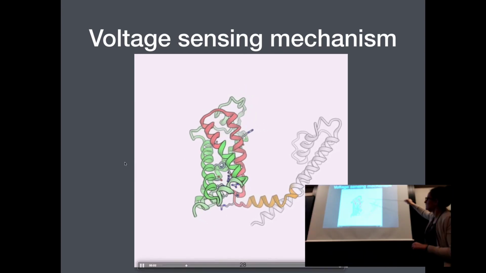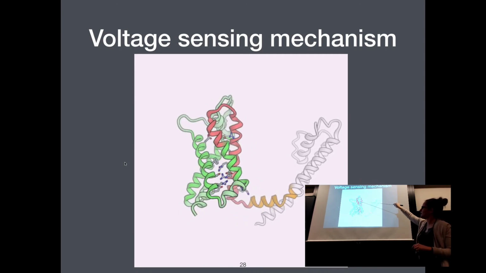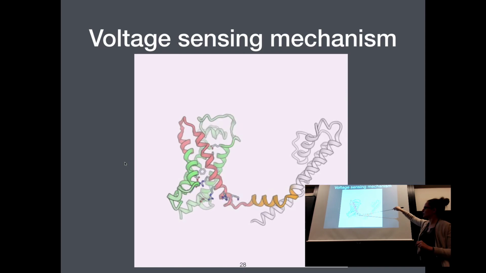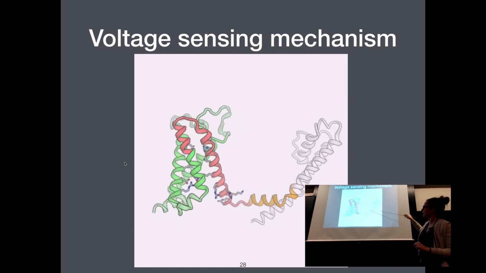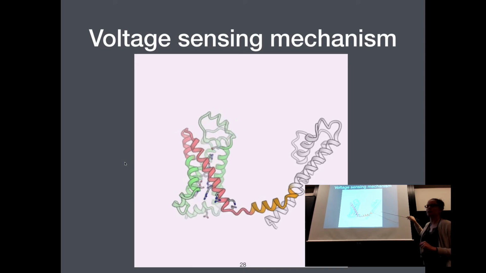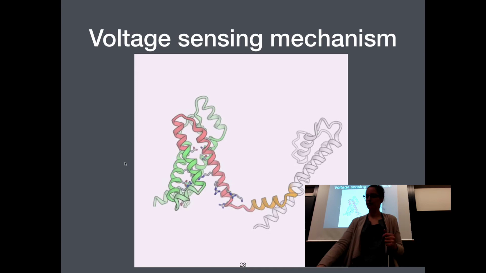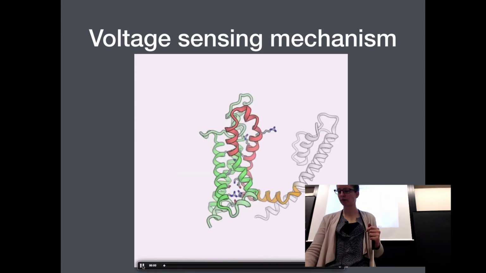The potential is oriented in this way. You can see how the red helix is being pushed down. And this is more difficult to see, but basically it's causing the pore to close as the helix is going down. I'll play that again without talking.